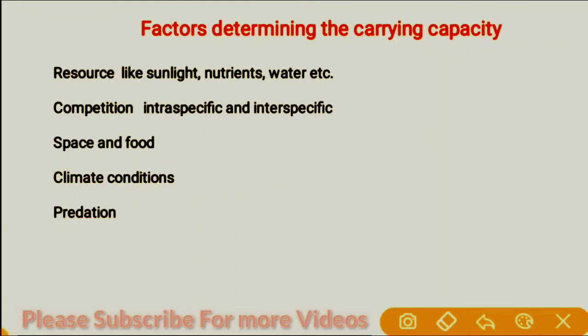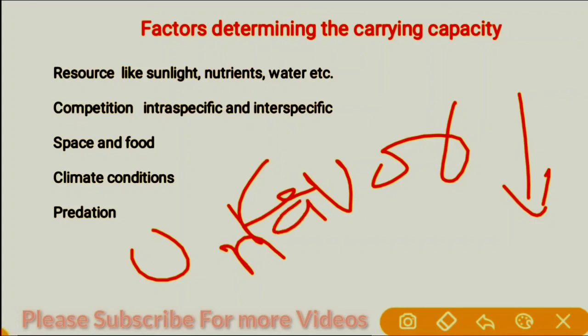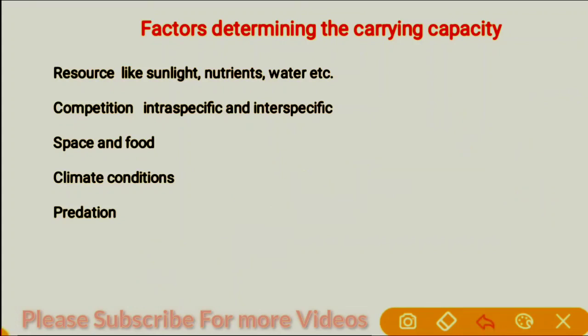If the climate condition is in their favor, then the population will increase. If the condition is unfavorable, then it will decrease. It depends on climatic factors: light, temperature, humidity, air, rainfall. There are many climatic factors.